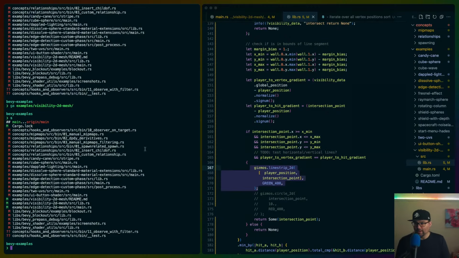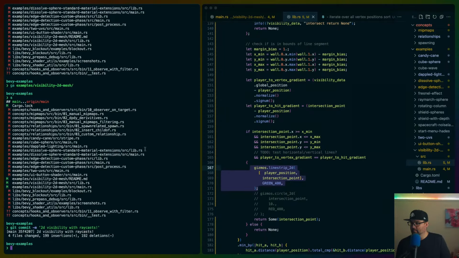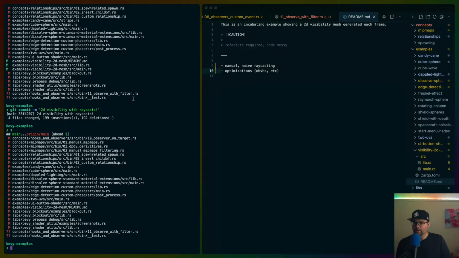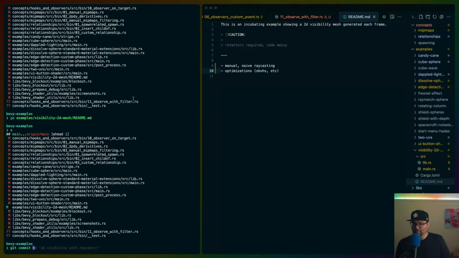I need to run the formatter, obviously, over the project. Is this README committed right now? Yes, it is. I don't want a GAU. I want GA examples, visibility to mesh, README. This is the problem with running cargo format in a directory that I've not formatted yet.